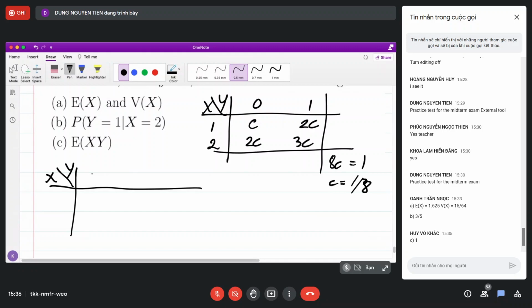Have a look at the marginal distribution, 3 over 8 and 5 over 8 here. You should get 3 over 8 plus 2 times 5 over 8, and it is 13 over 8.